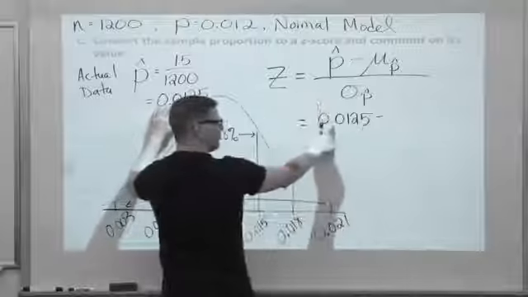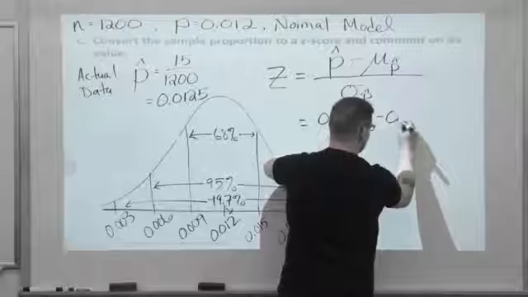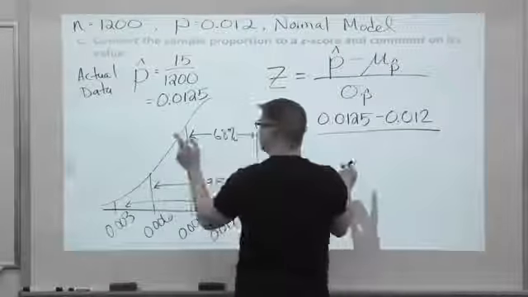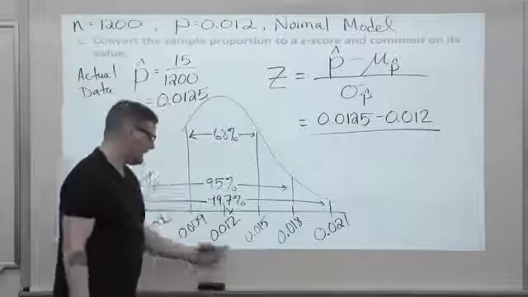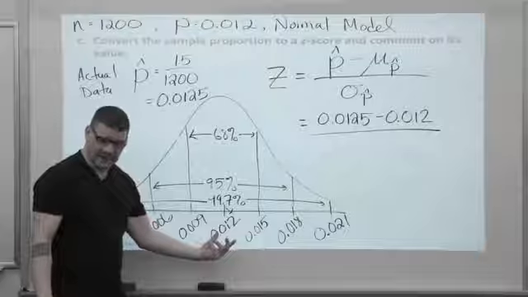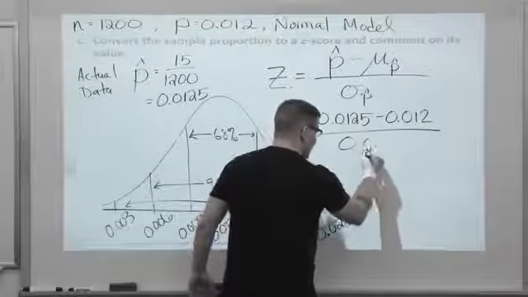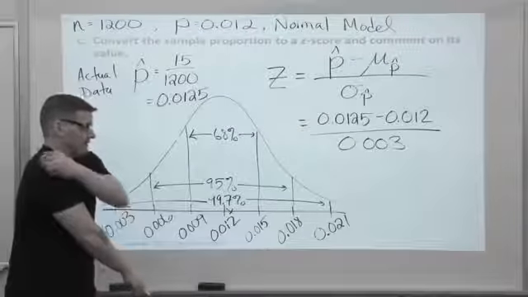So for p-hat, 0.0125. I subtract the mean, what we thought it was to start, 0.012. I divide by the standard deviation, which was what? 0.003. Remember we calculated that before. So divide by 0.003.